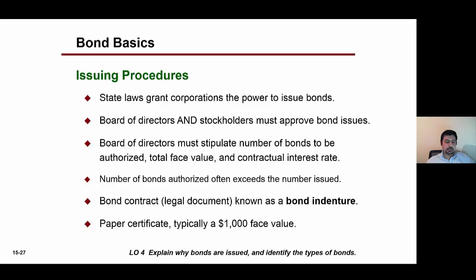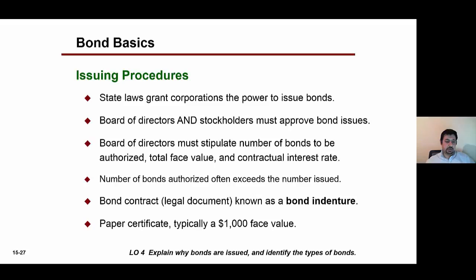Remember that the company is borrowing money, and as a result, it is incurring a certain sum of money as interest. And as a result, both the board of directors and shareholders will have to approve issuing those bonds.